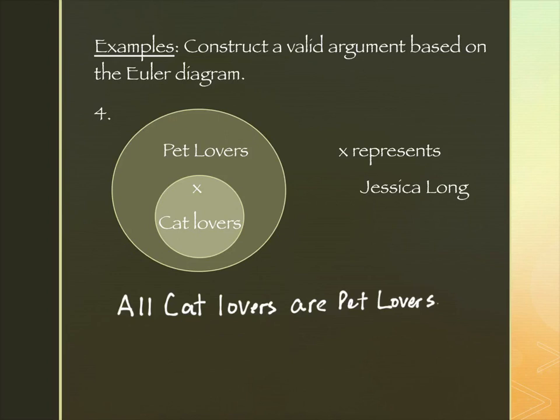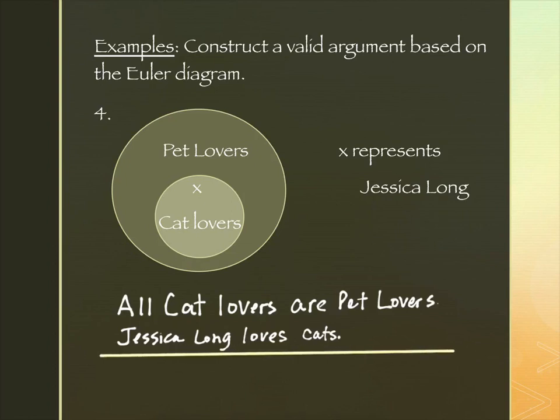The next statement has to do with the X and where it's located. So the X represents who? Jessica Long. So my second statement is going to start out with Jessica Long. What about Jessica do we know? She loves cats. Yeah, Jessica Long loves cats, or you could say is a cat lover, if you will. All right, so what conclusion would we draw from there that makes this a valid argument?